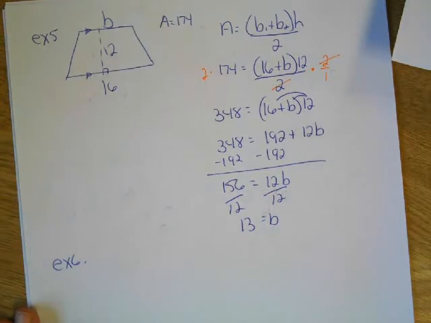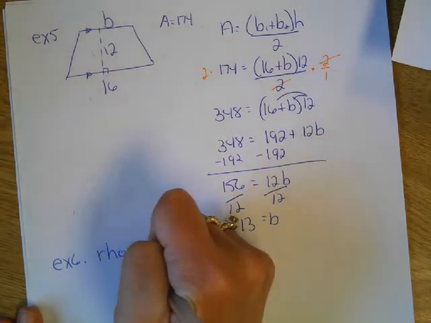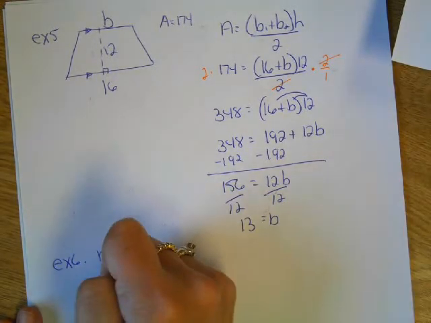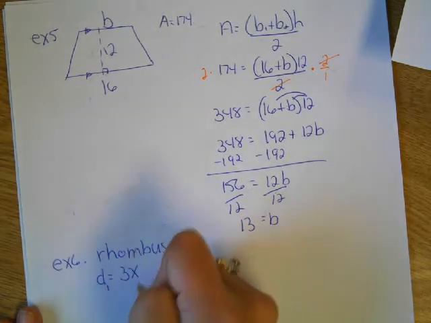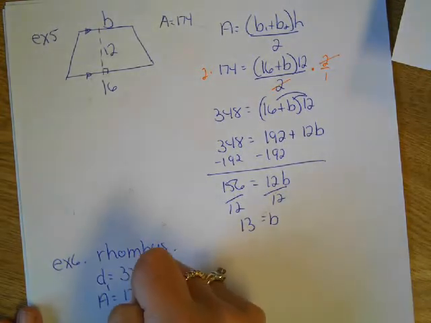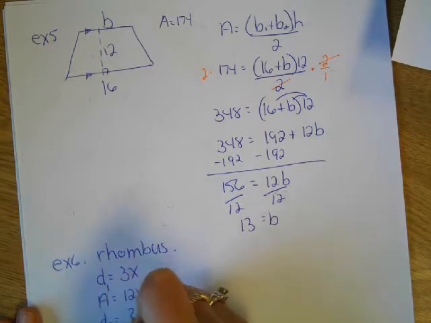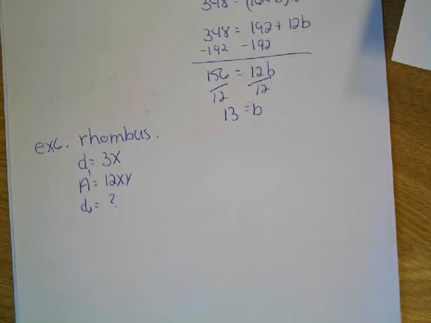Let's go. We've got a rhombus. One of the diagonals is 3x. The area is 12xy. Can you find the other diagonal? All right, formula first, substitution, algebra.